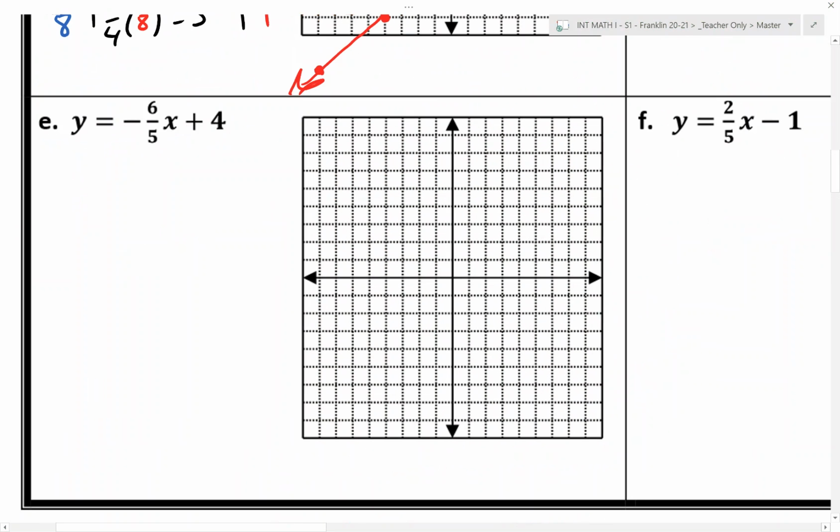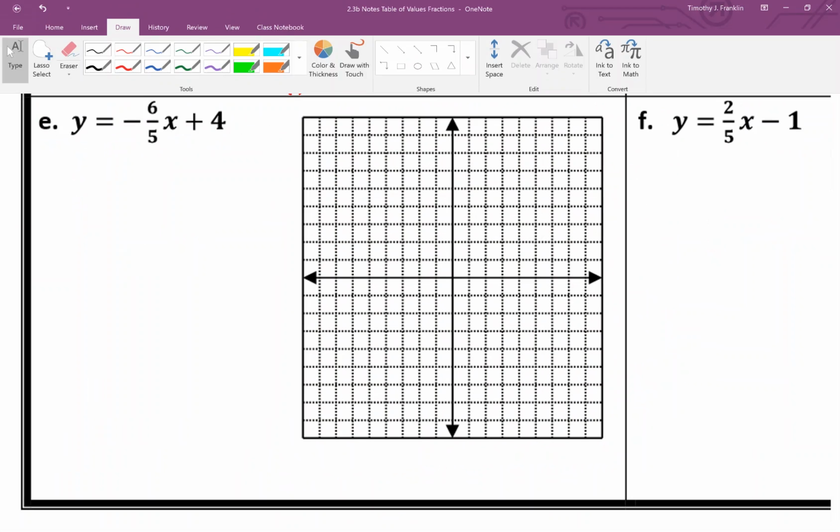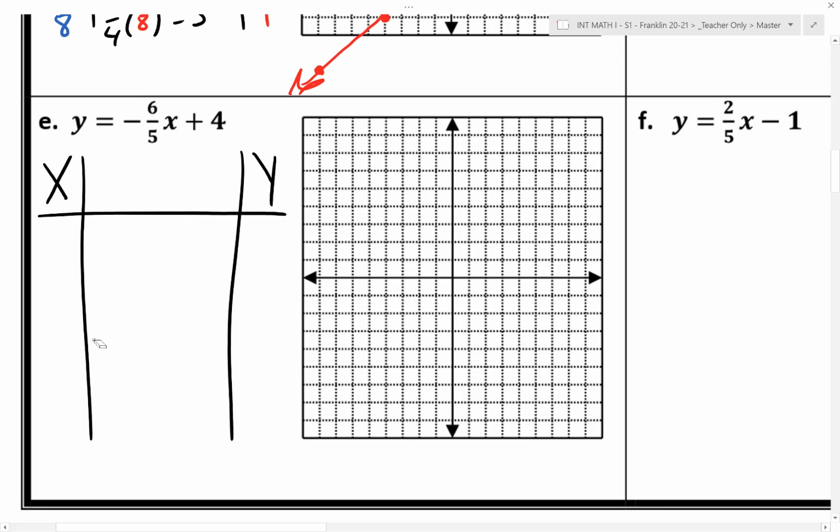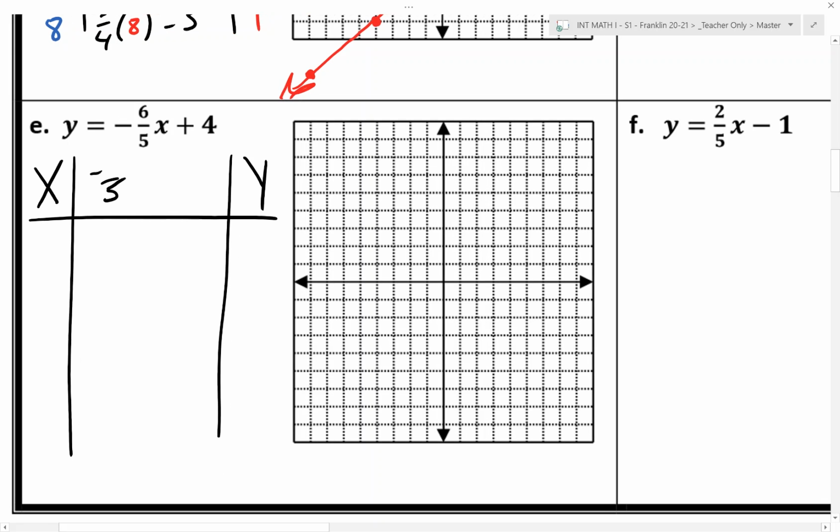Okay, so our denominator here is 5. We've got negative 6 over 5 for the fraction, negative 6 over 5 x plus 4. Okay? So let's fill in our framework here.